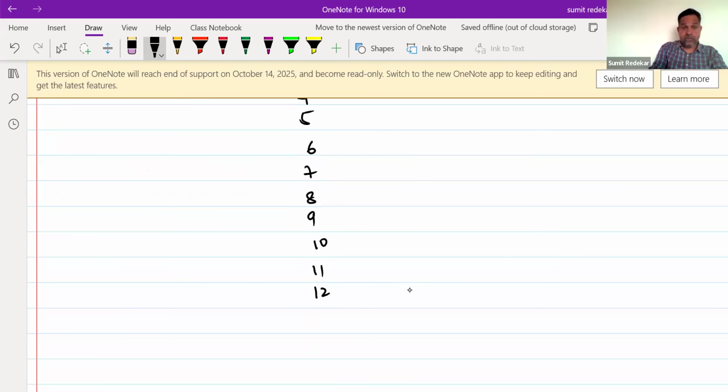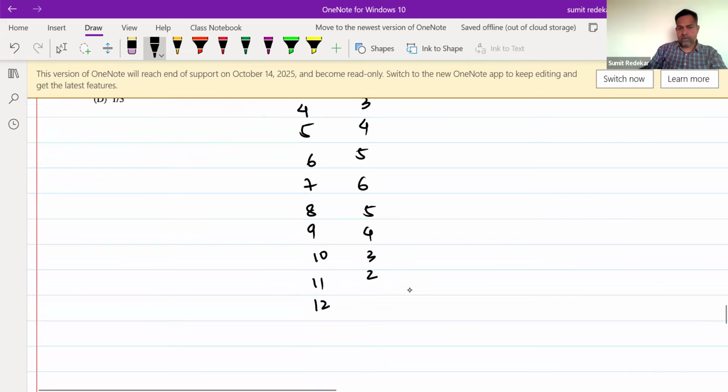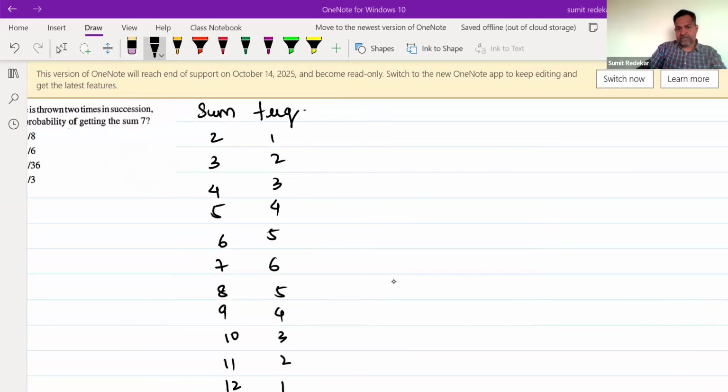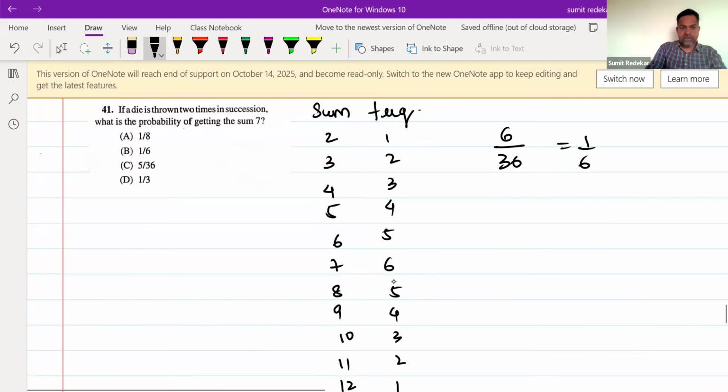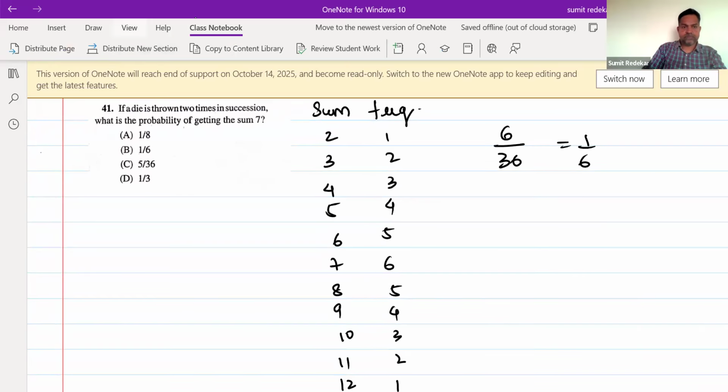The frequencies are 1, 2, 3, 4, 5, 6, 5, 4, 3, 2, 1. We also discussed that 7 appears the most times, that is 6 times, correct? So the answer is 6 out of 36, which is 1 out of 6. So the answer to this should be B, 1 out of 6.